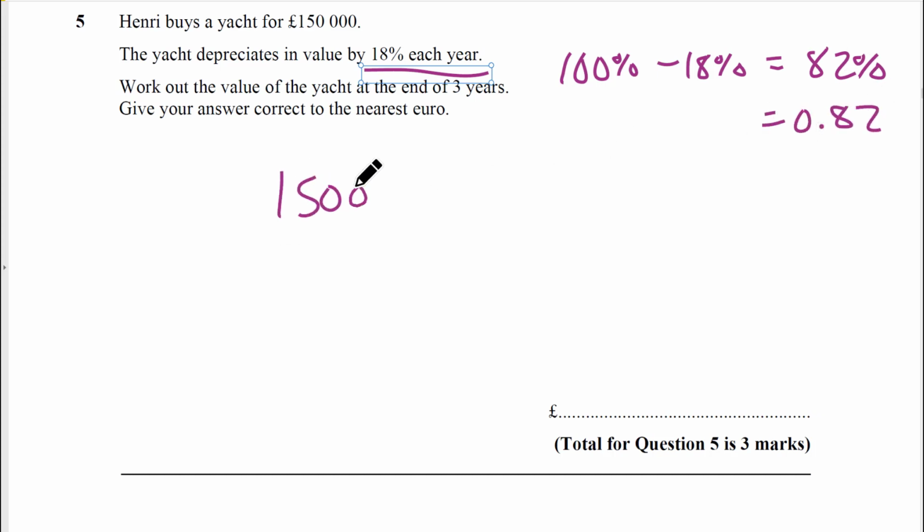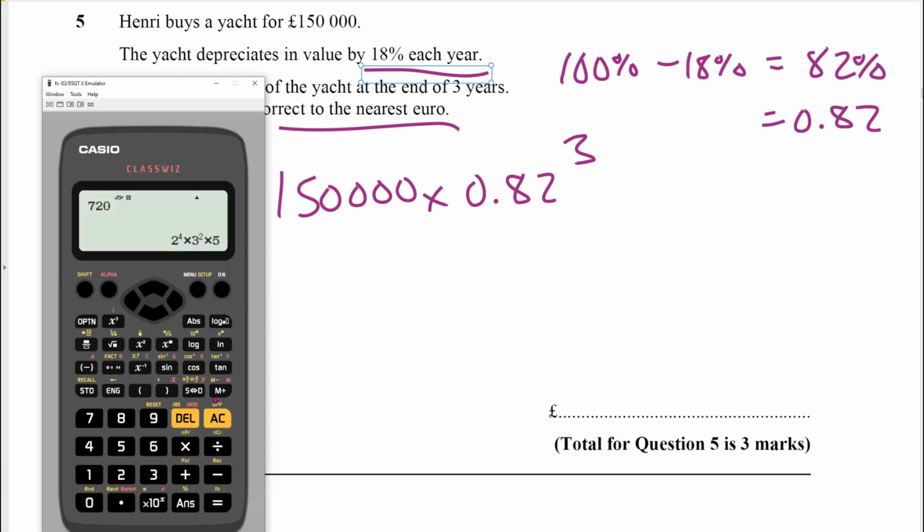So 150000 times 0.82 to the power of 3, correct to the nearest euro. 100% do this on your calculator. 82705.